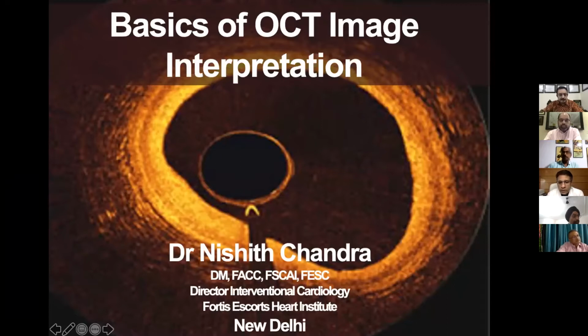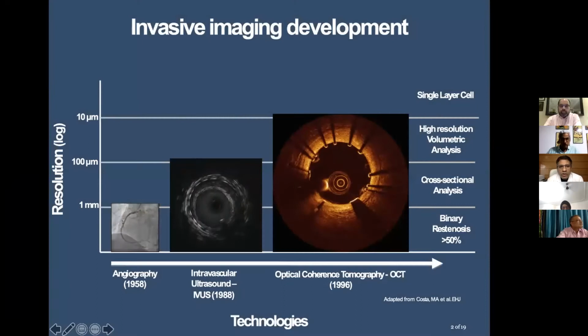But how did it all start? If we see the development of invasive imaging, it started as early as 1958 with the coronary angiogram. But the limitation of the coronary angiogram was that it's just a luminogram, a two-dimensional luminogram. It doesn't give a tomogram. It doesn't give us any information about tissue characterization of the wall or the plaque characteristics, which was later made available by the arrival of intravascular ultrasound in 1988.